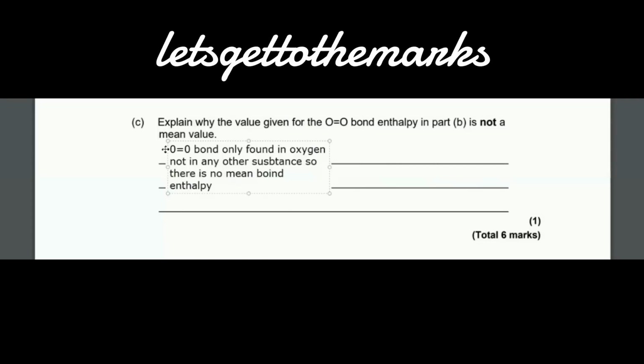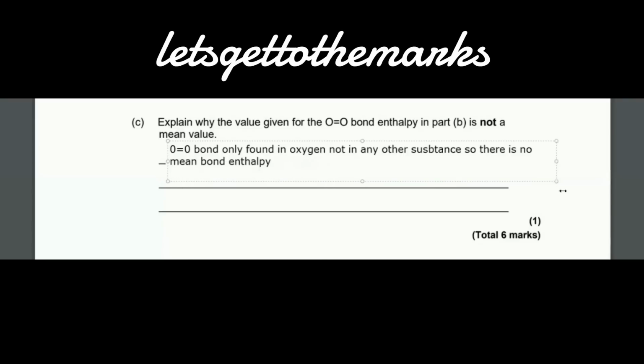Remember, the mean bond enthalpy is the mean for that particular bond from a range of different substances, and there is not a range of different substances for the oxygen bond. That's the end of the question.